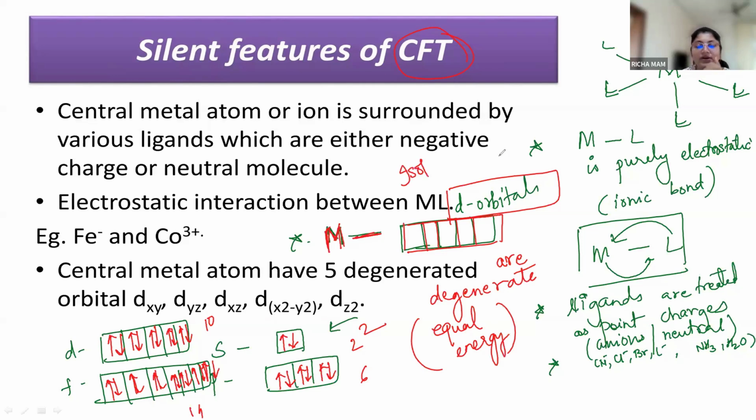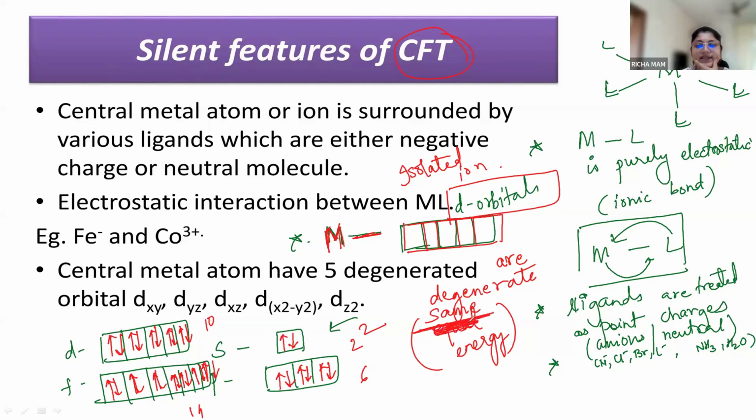Whenever you have an isolated ion, it has 5 d orbitals, and these are degenerate, that is, they have equal energy, or the same energy.